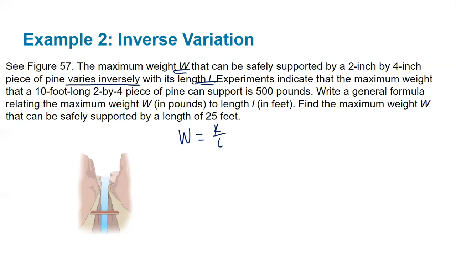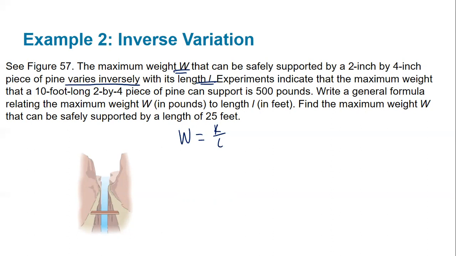Are we good? All right, experiments indicate the maximum weight that a 10-foot long 2x4 piece of pine can support is 500 pounds. Write a general formula relating the maximum weight to the length. Find the maximum weight W that can be safely supported by a length of 25 feet.